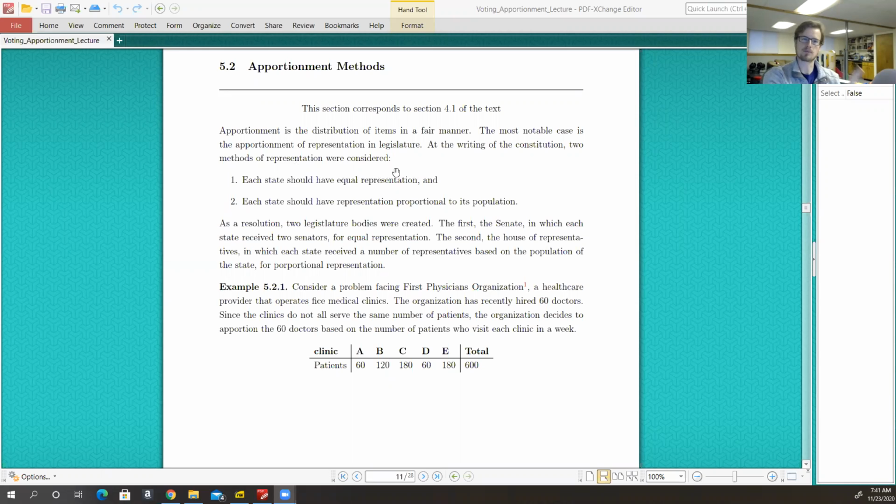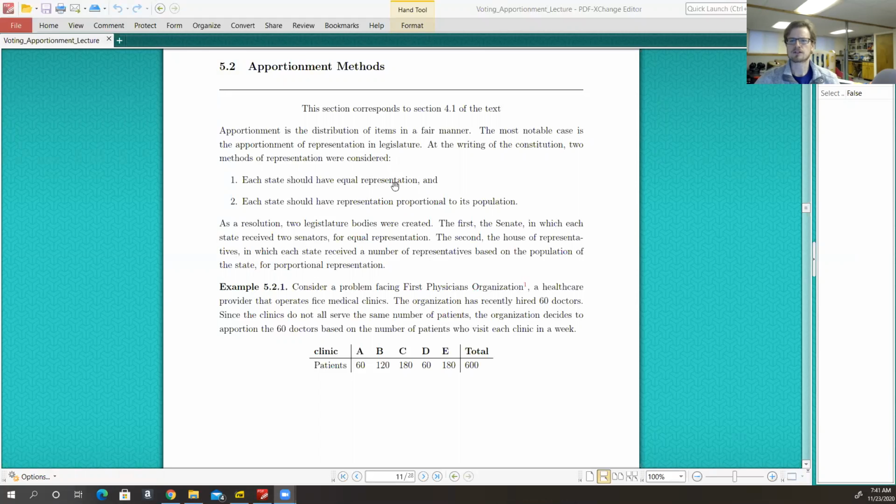But in the other, we have a certain number of seats, and those seats are distributed among the states so that each state has a representation that is proportional to its population size. So we have these 2 different types of representation, and to handle that, we ended up with 2 different governing bodies.